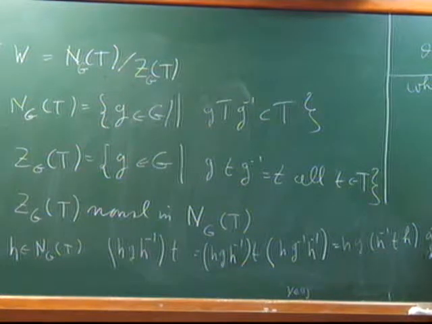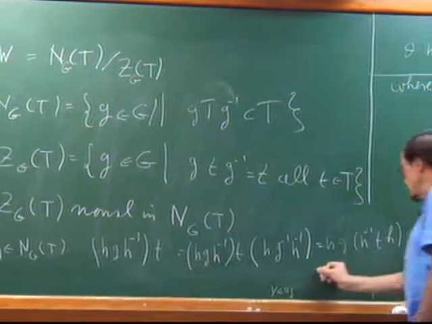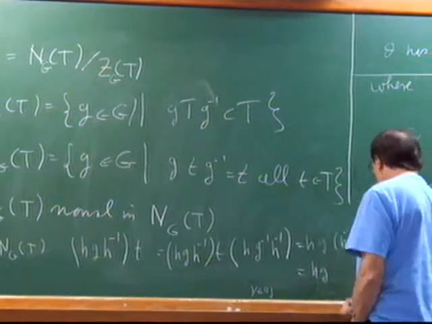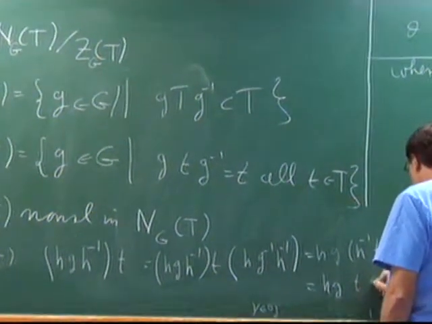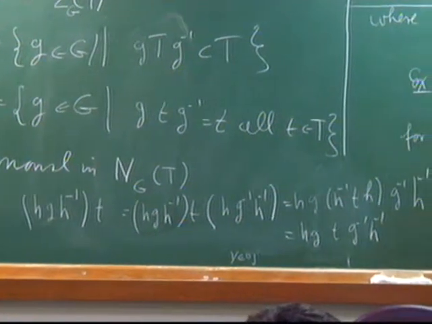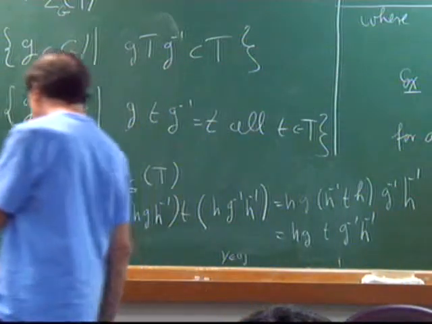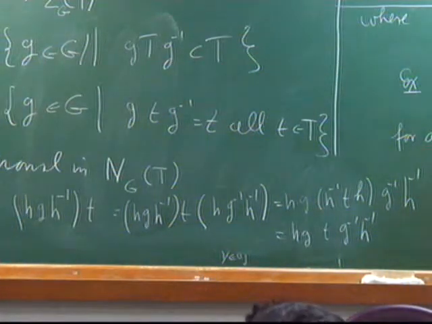This identity, that's the definition of the centralizer. I want to show it's normal.